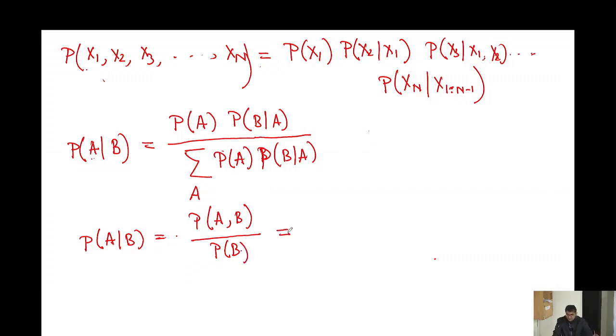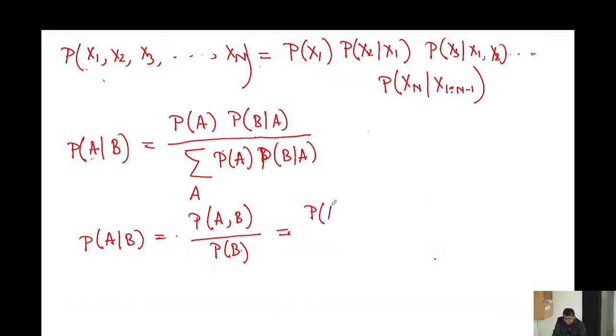Now probability of A comma B, if I write it again in the product law form, what will I get? Probability of A multiplied by B given A. So I can select the opposite sequence anytime. As I said, the sequence is not unique.